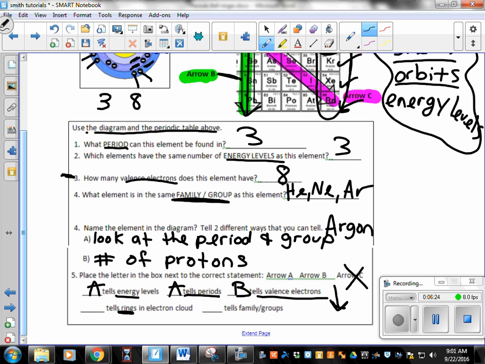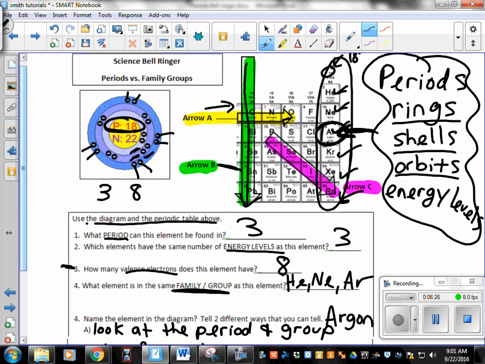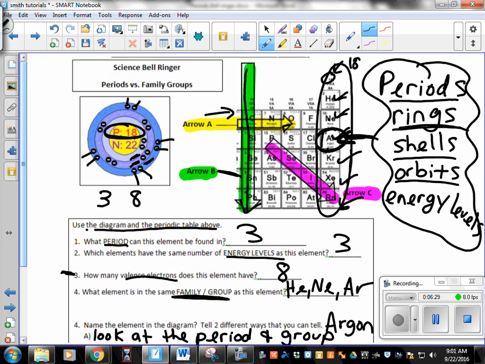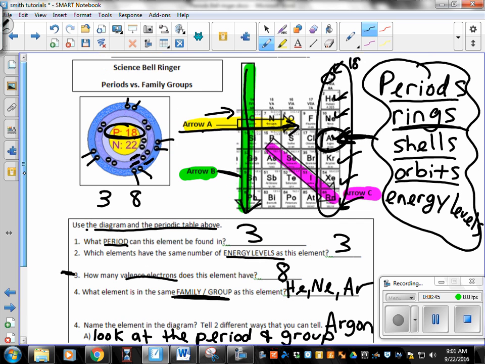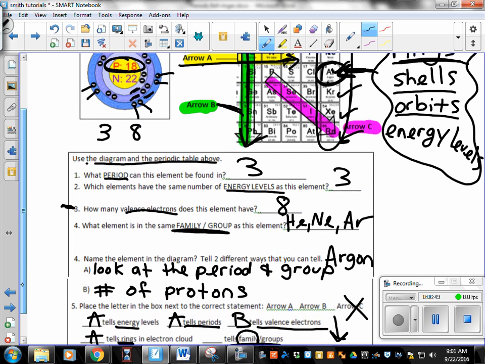Rings is going to give me periods. Periods go across, move across the period, properties change slowly. So that's arrow A. Tells family groups. We are a family. We move down the columns, you see. That's arrow B.